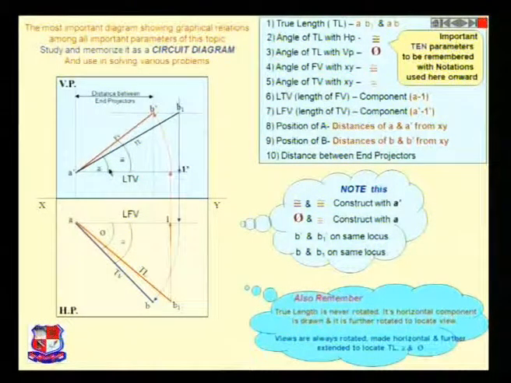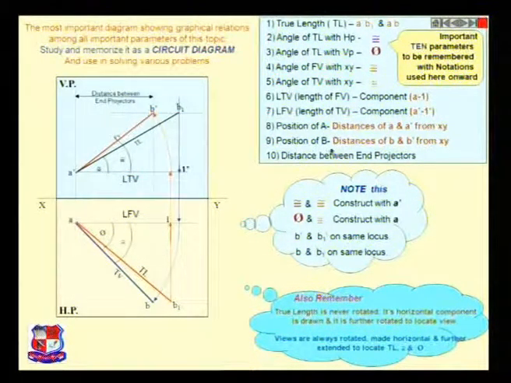This is the angle of the front view with respect to the XY line. The angle of the top view with the XY line is denoted like this. This is our top view, this is our XY line, and in respect to that, the top view is making the angle sigma 1.